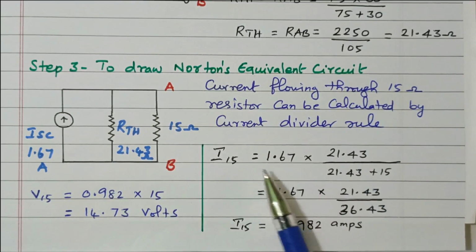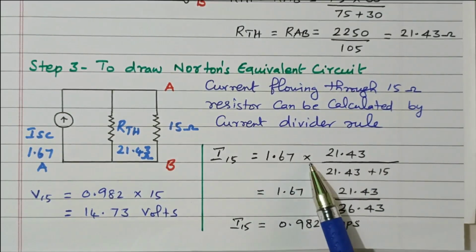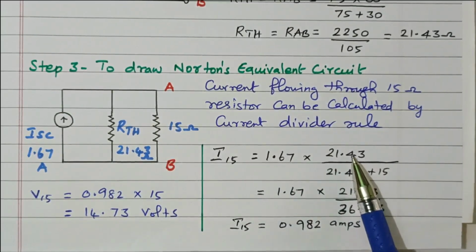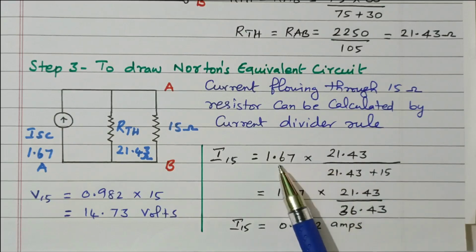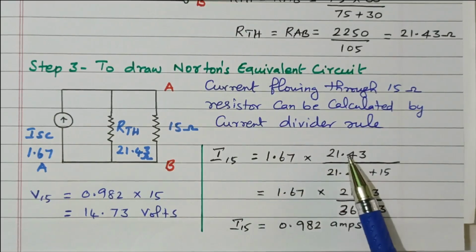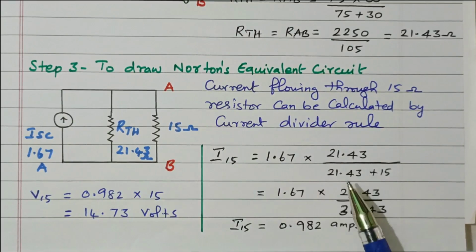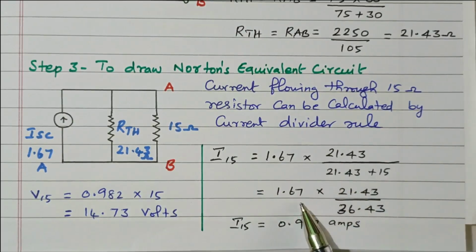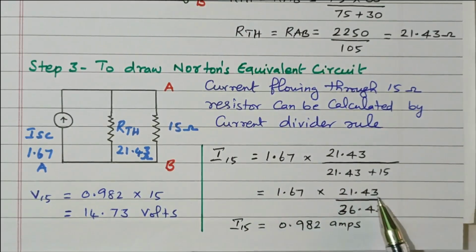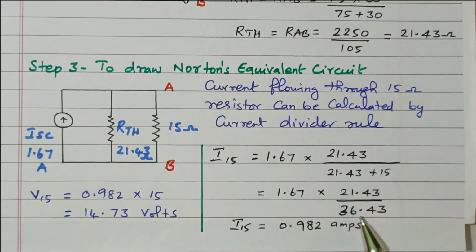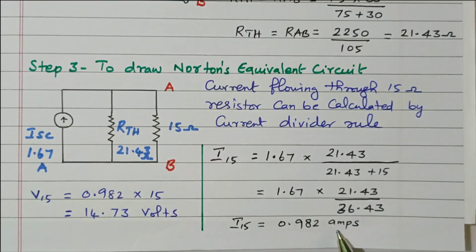In current divider rule, the total current multiplied by other branch resistance. Voltage divider rule means total voltage multiplied by same branch resistance. It is current means opposite. So that 1.67 into 21.43 divided by adding these two, 36.43, that is equal to 0.982 ampere.